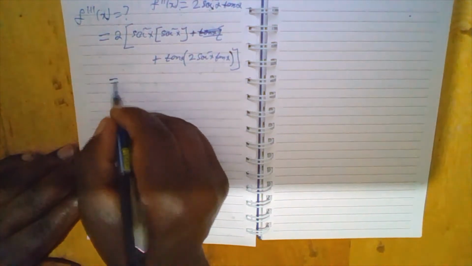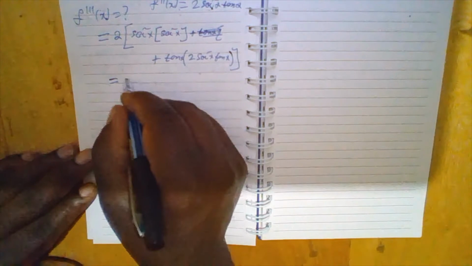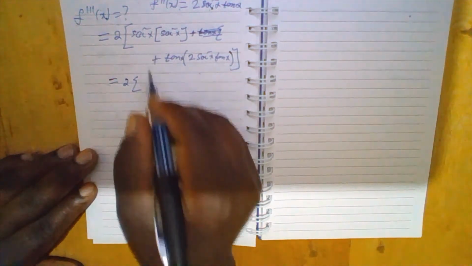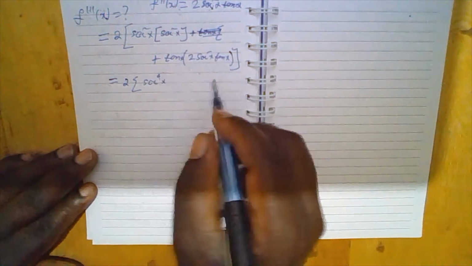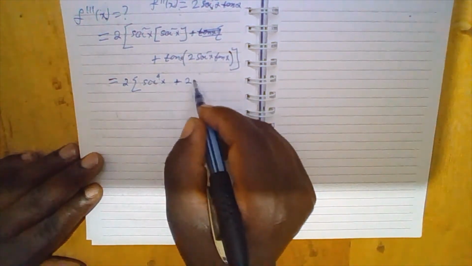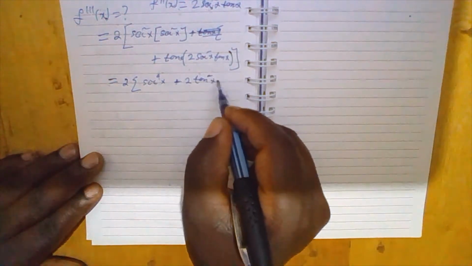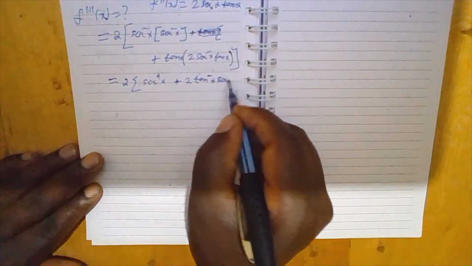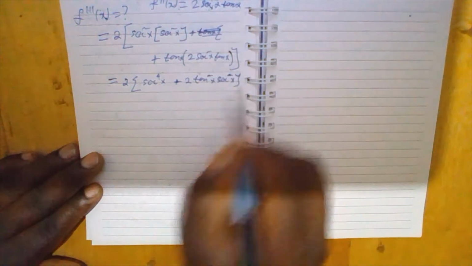So this equals 2 into this one will be sec x raised to 4, then plus, here we have 2 tan x squared sec x squared.